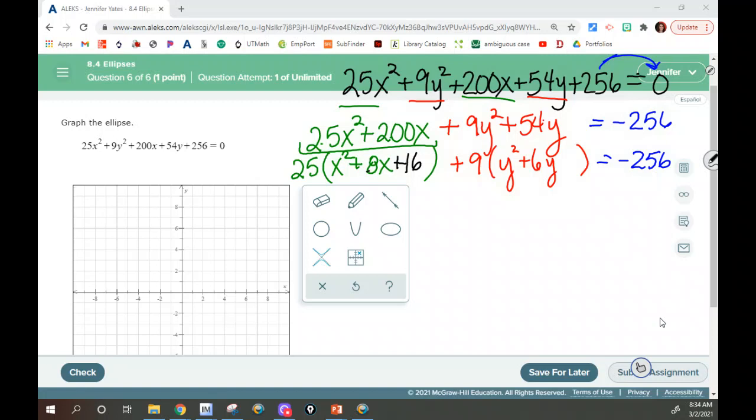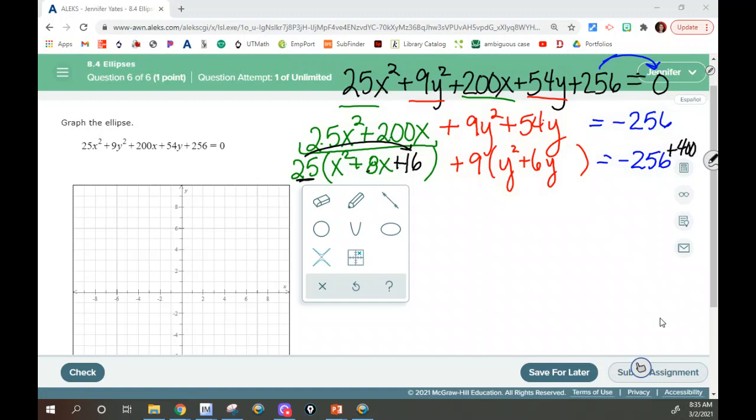What's in front of that set of parentheses? So I didn't add 16. I added, by putting it where I did, a 25 times 16. What's 25 times 16? Okay, so I changed the value of this equation by 400, just barely. So if I added 400 on the left, I need to add 400 on the right.